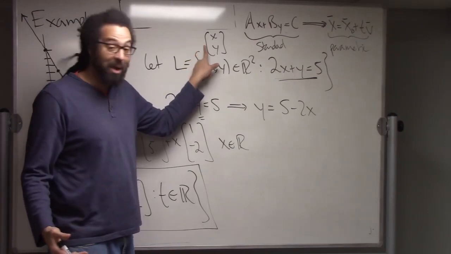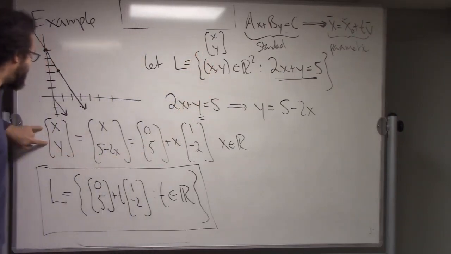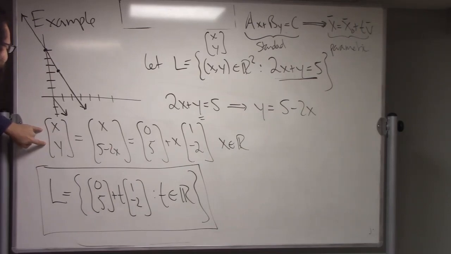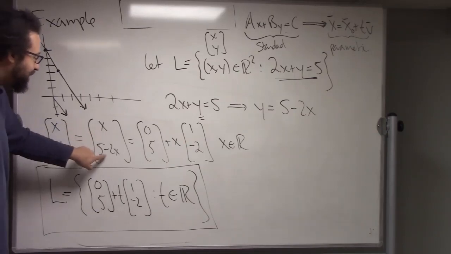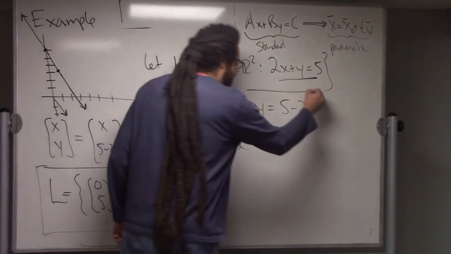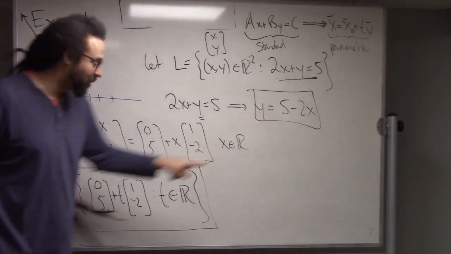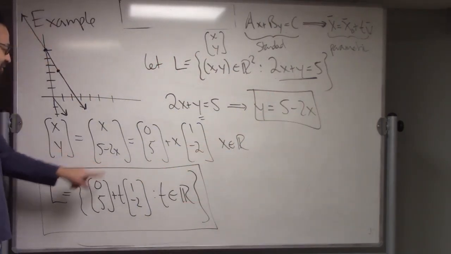I'm going to just write it as a column. So how do we describe x comma y if it's on this line? Well, x comma y is really equal to x comma 5 minus 2x. That's what y is. So we just replace y with 5 minus 2x.